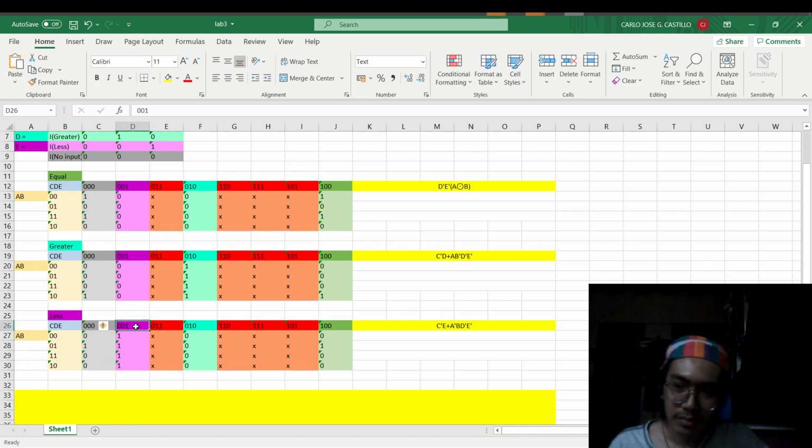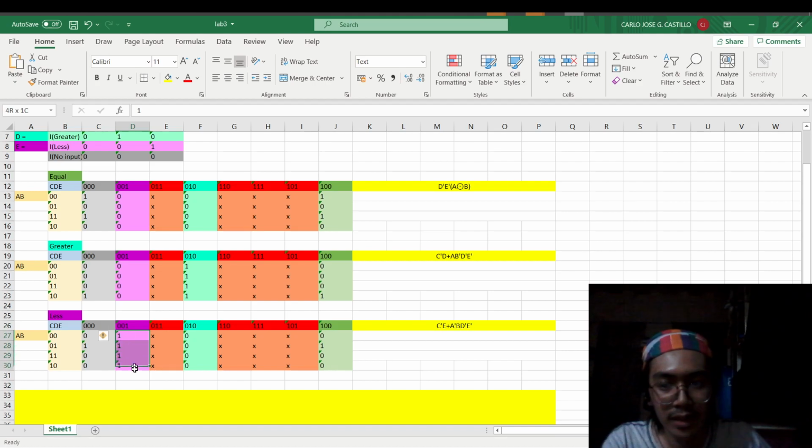And now we look at the 001, the column colored fuchsia. This is for the less than operation. This column states that the previous comparator said that the previous bits are less than, meaning A is already less than B from the previous comparator. So we now have a value of true here.